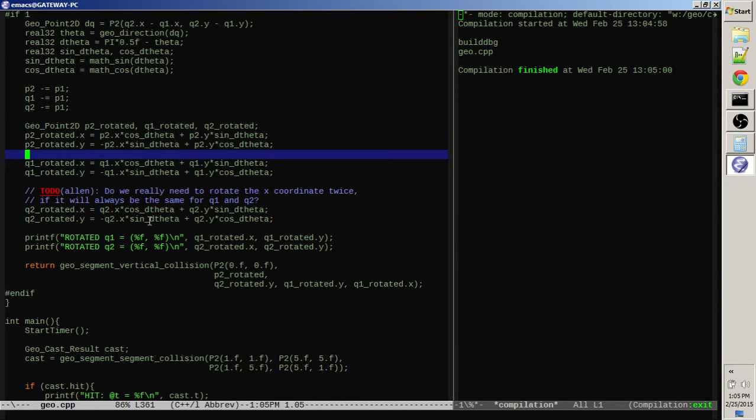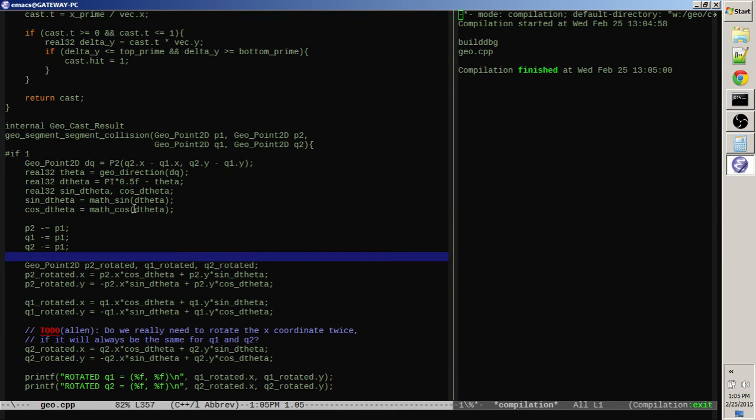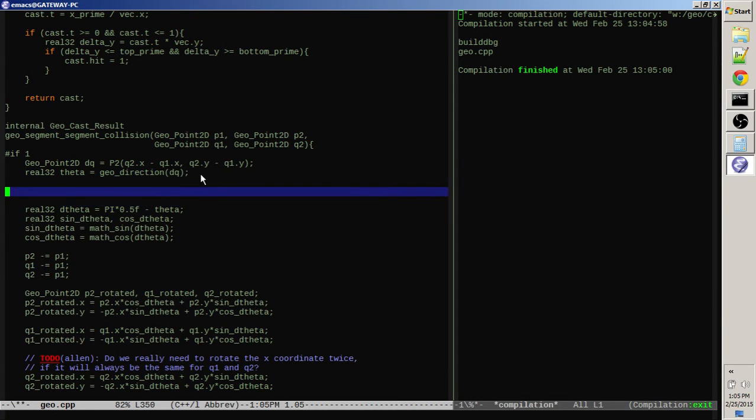So let's see, cosine, sine, negative sine, cosine, cosine, sine. Yeah, so those look right to me. I'll review again to make sure I'm doing all of that right. But maybe I calculated d theta wrong. So the idea is I want to point this thing upwards. So here's my first question: what was theta to begin with? It should be, well, hold on, can't think while I'm typing.